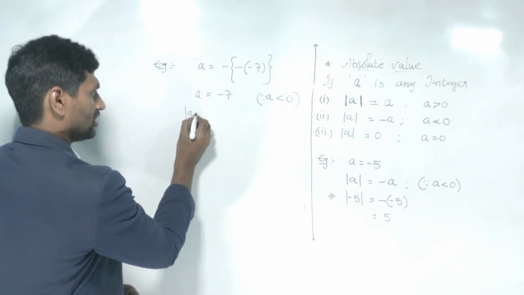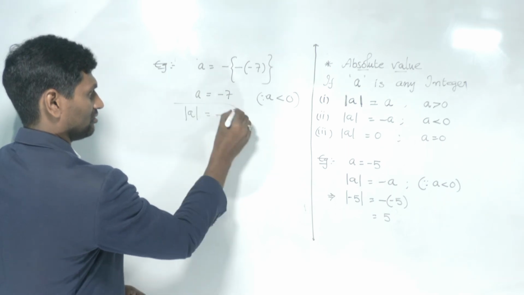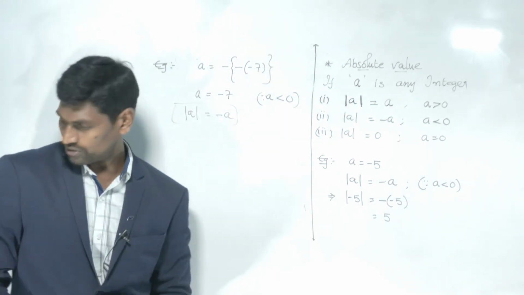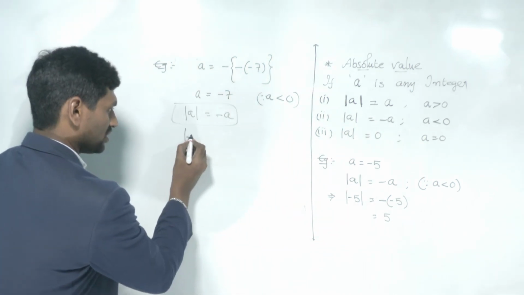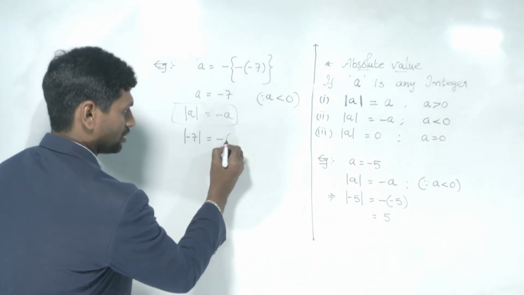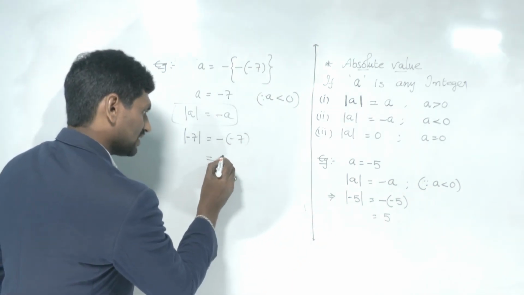According to the condition, modulus of a is equal to minus a. So modulus of minus 7 is equal to minus of minus 7. Minus over minus becomes plus 7.